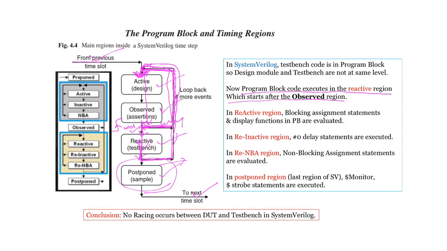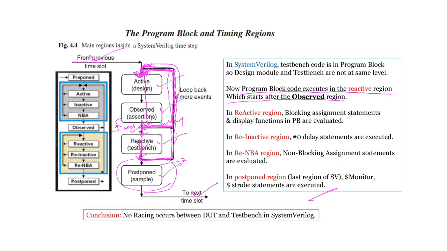So in the postponed region, that is the last region of SystemVerilog, monitor and strobe statements are executed. That means all the executions are completed, and your final results can be displayed properly, the stabilized execution after all feedbacks have been completed.